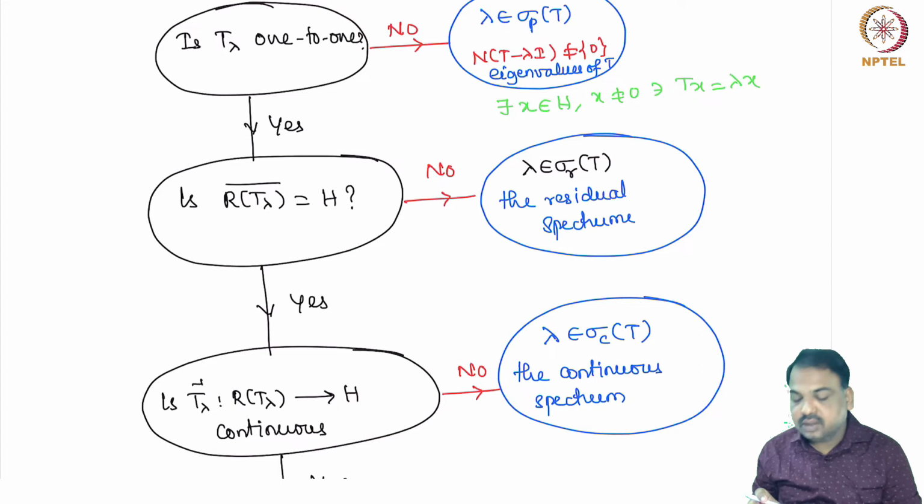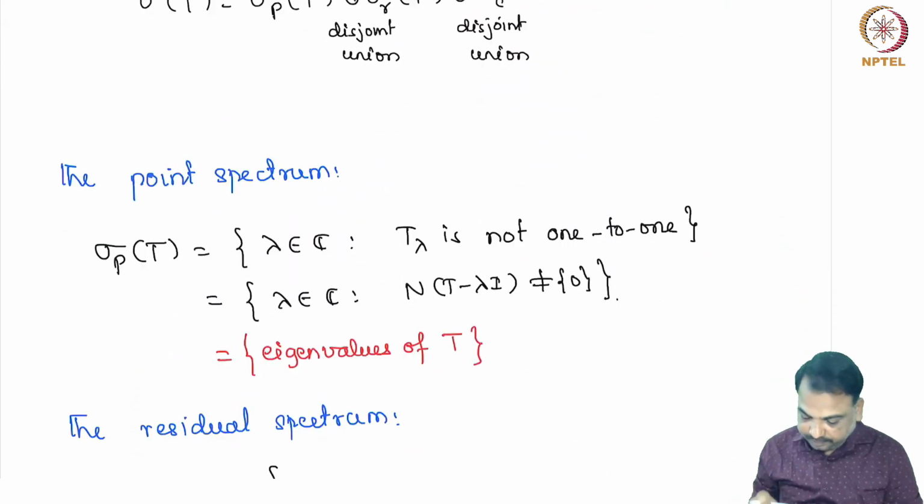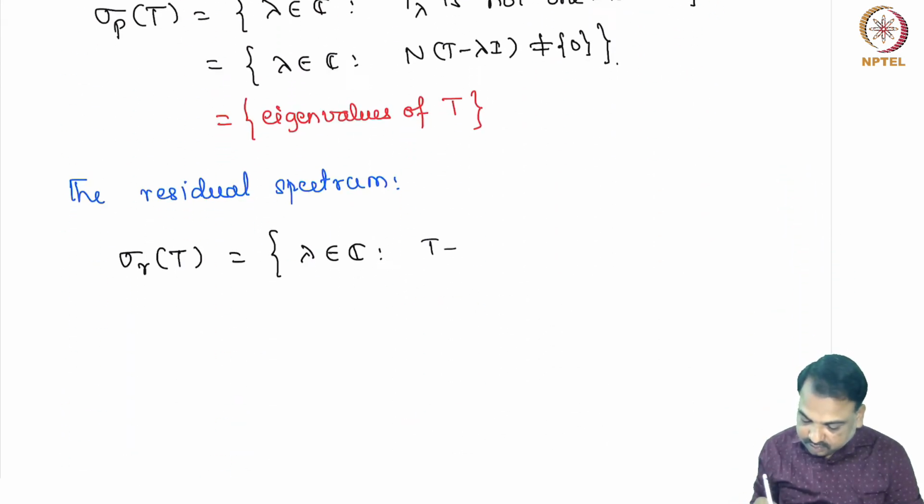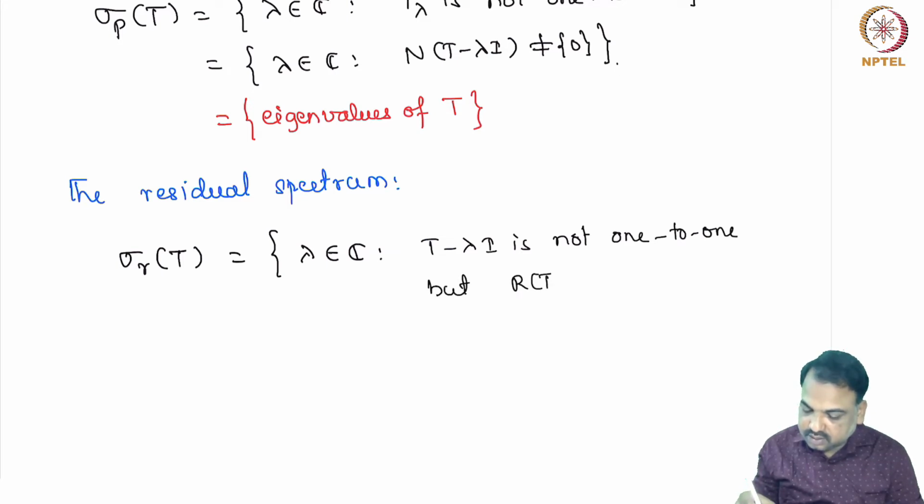When we get no as an answer, we get lambda in the residual spectrum. That means T lambda is 1 to 1, but the range is not dense. Sorry, T minus lambda I is 1 to 1, but the range is not dense.